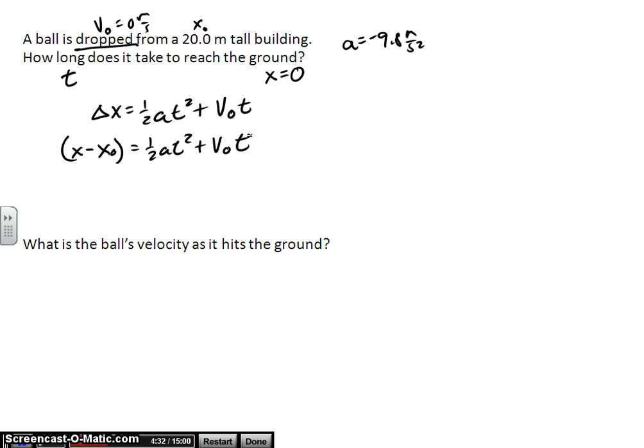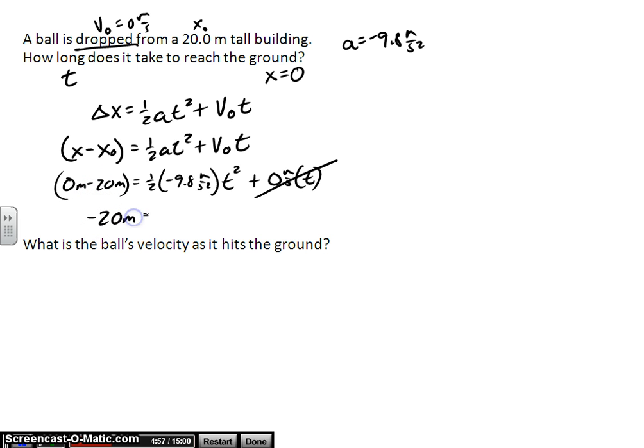Let's plug in. 0 meters minus 20 meters equals 1/2 times negative 9.8 meters per second squared times t squared plus 0 meters per second times t. Let's make some simplification. 0 times anything is 0. That disappears.